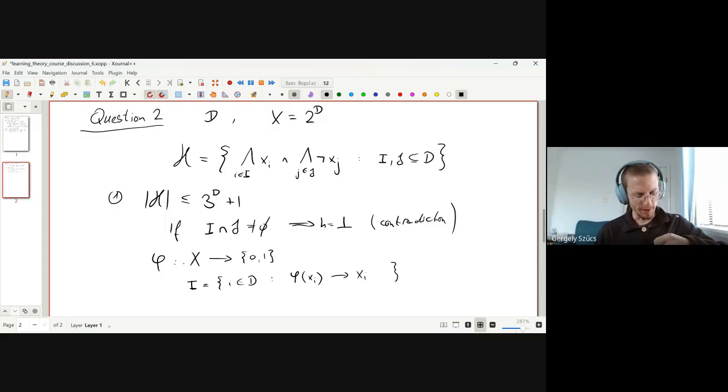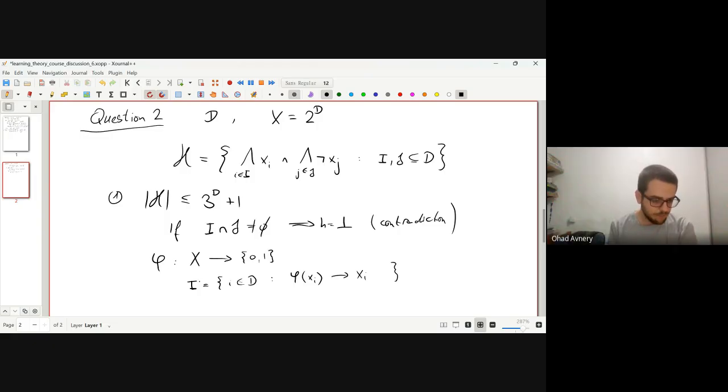Sorry, I'm a little lost on what we're proving now. We're just trying to prove that for any classifier phi, if it comes from such a conjunction, then that conjunction is unique. Is that what you're... Yeah, and okay, actually, maybe showing the uniqueness isn't necessary for this part.